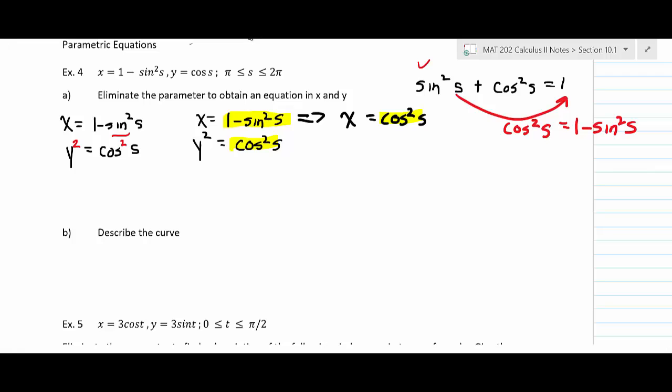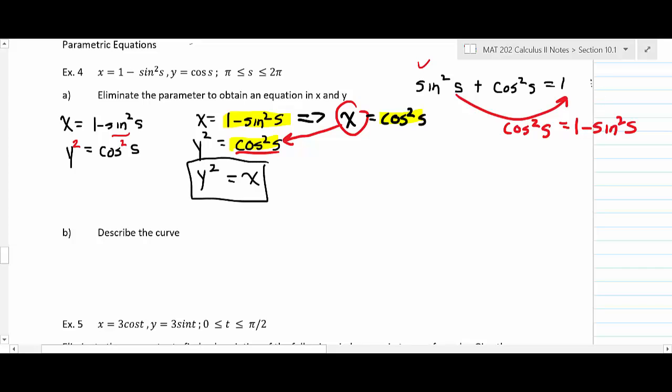This thing right here is x, so you can replace that cosine squared with x, and you would end up getting the equation y squared equals x. Now that identity, we used that because I saw a sine squared and a cosine squared. The key that clued me to that was 1 minus sine squared. So that would be the elimination of the parameter.